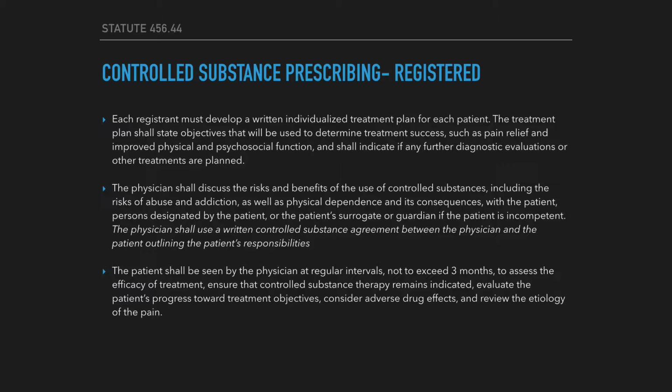A written individualized treatment plan has to be done for each patient. Next, the physician shall discuss the risks and benefits of the use of controlled substances, including the risks of addiction and abuse. This has to be documented. The physician shall use a written controlled substance agreement between the physician and the patient outlining the patient's responsibilities.